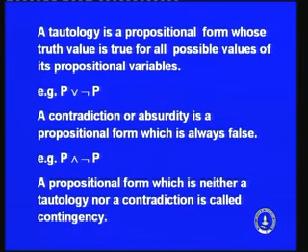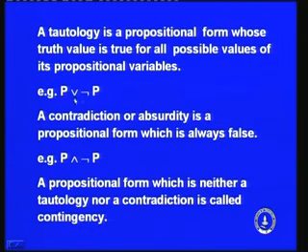Sometimes an expression may be such that it always takes the truth value true. For example, P or not P. Consider this expression P or not P. There are two possibilities, P can be true or P can be false. When P is true, this compound expression is true because one of the components is true.